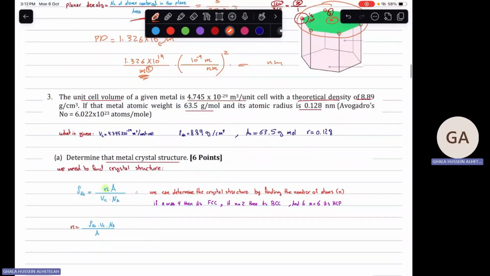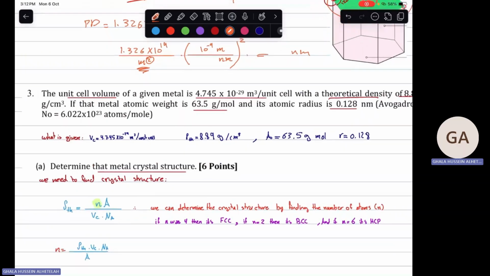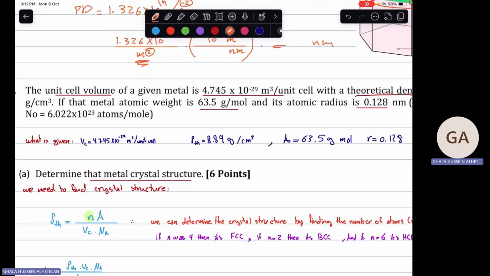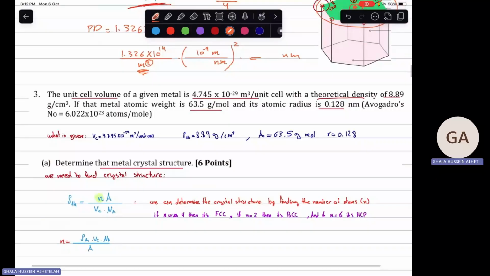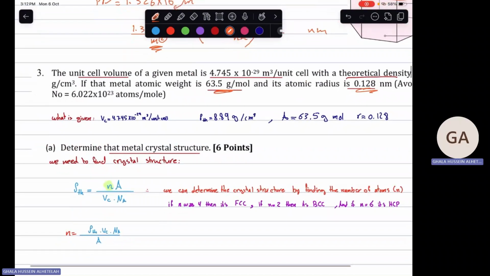Let's move on to question number 3. He said that the unit cell volume of a given metal is 4.7, etc. Okay, he gives us the theoretical density, the atomic weight and the atomic radius. What does he need?